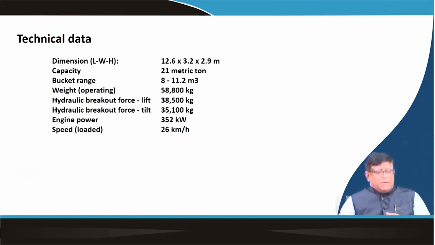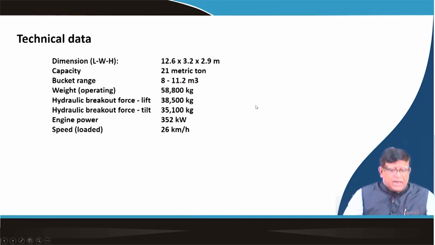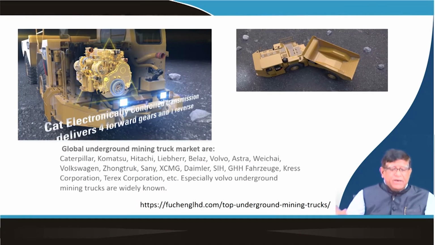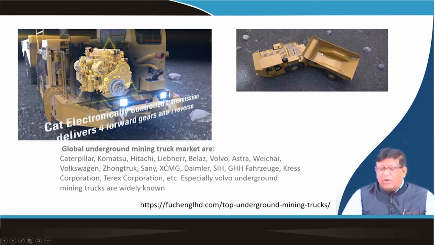There are different models and their dimensions are given. Now you can see here, it is a Caterpillar machine. In that Caterpillar machine you can see from this figure how the material is kept so that it can get an easy flow. When it is in a slightly raised condition, it becomes just like a chute, so that the material will come out.